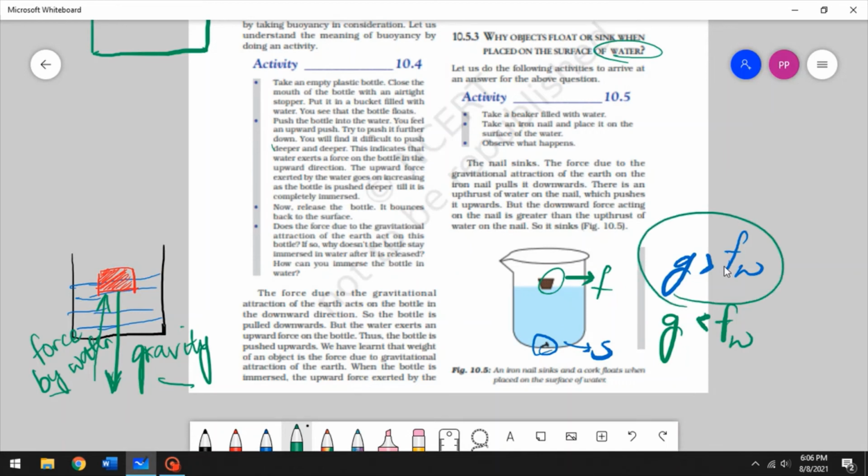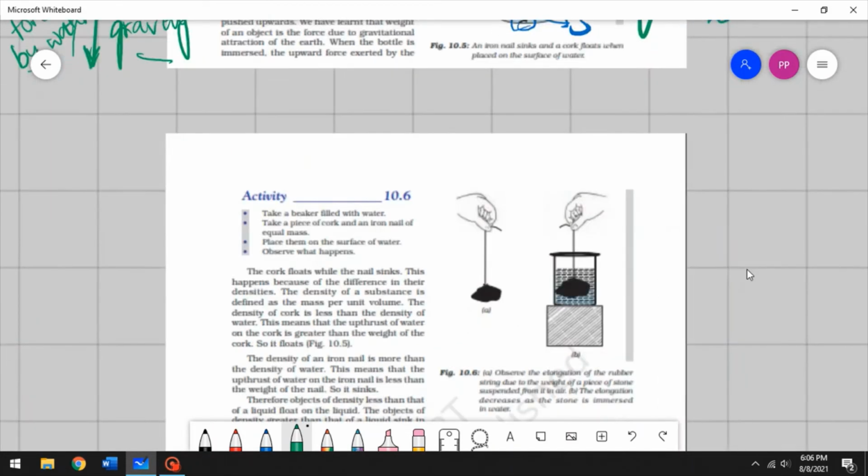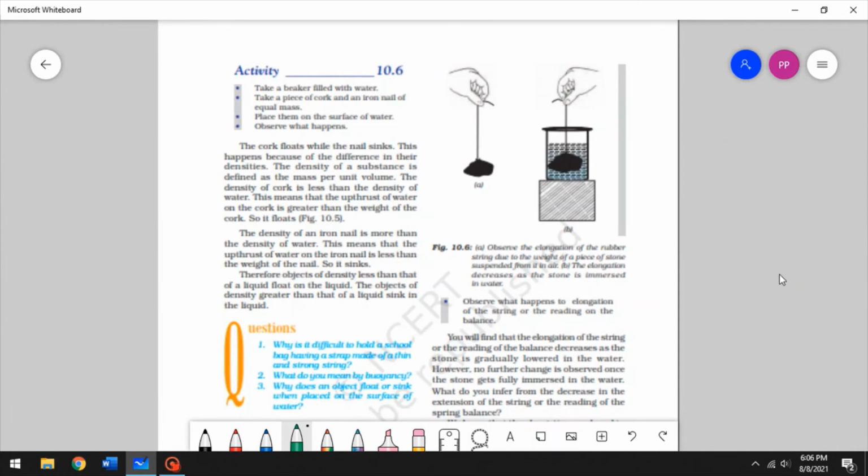If the force exerted by water was more, the nail would have gone towards the surface of the water, but that didn't happen. Gravity was greater than the force exerted by water, so the nail sank, and because gravity was less than the force exerted by water, the piece of cork was floating. Alright, so that's an easy and fun way of remembering it, and I'm sure you will remember it easily because it's just understanding the concept behind a game which we already know.